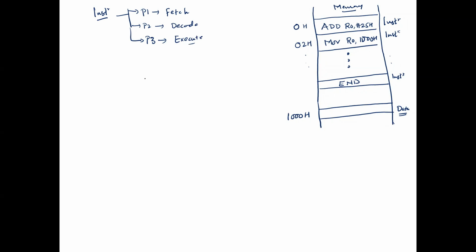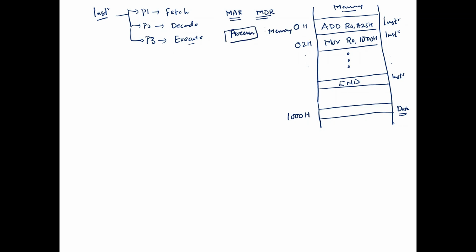Now, which are the interfacing registers that will connect the processor and memory? The interfacing registers are MAR and MDR. So these two registers will connect the processor and the memory. So this is the processor and memory.